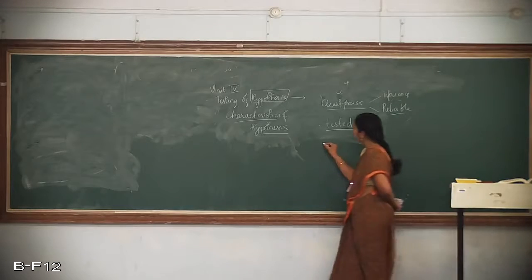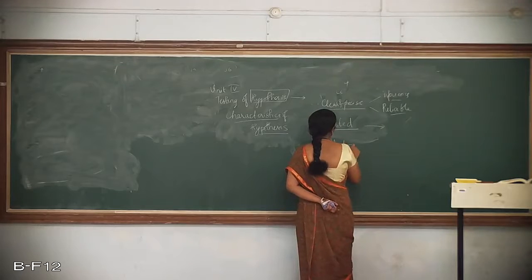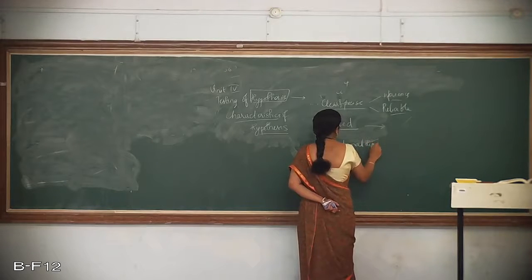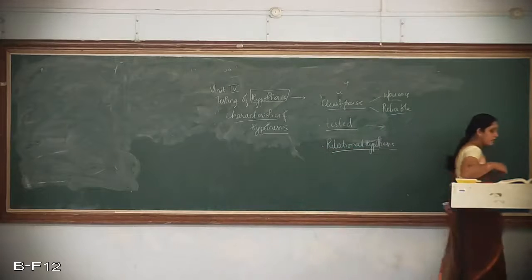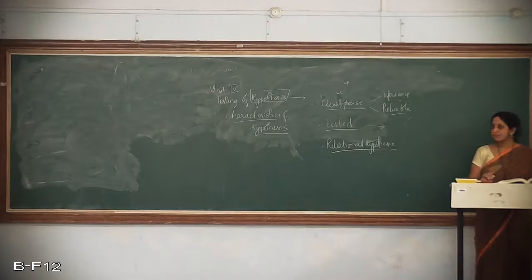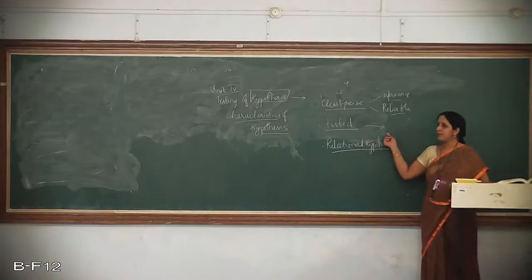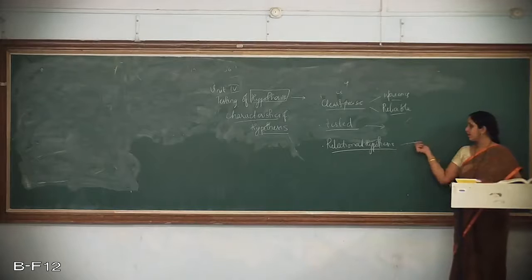So, when we are stating a hypothesis, it happens to be a relational hypothesis. In this case, as I said, automobile A versus automobile B. Then, the relation between the common variables needs to be understood. So, those things are taken care of in the hypothesis.